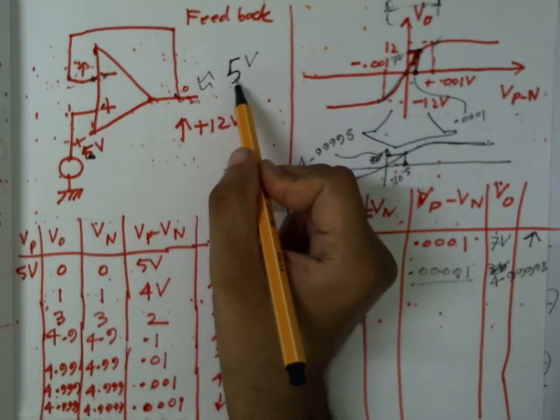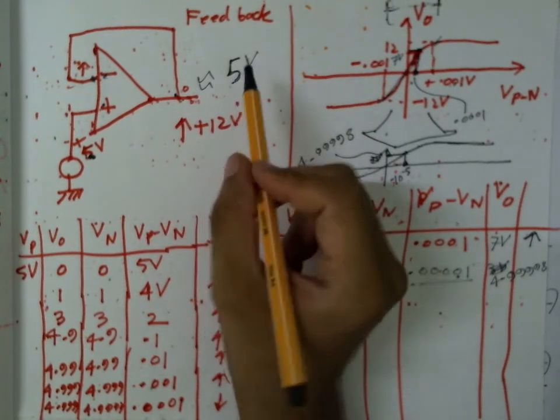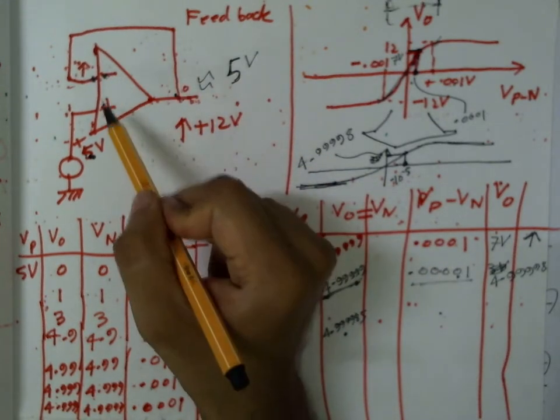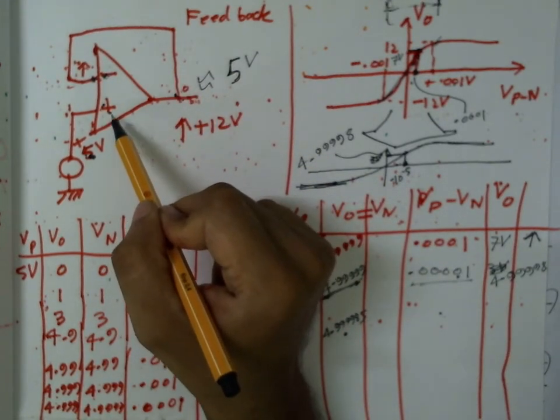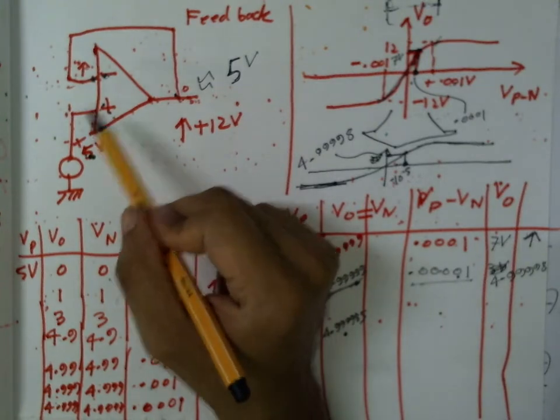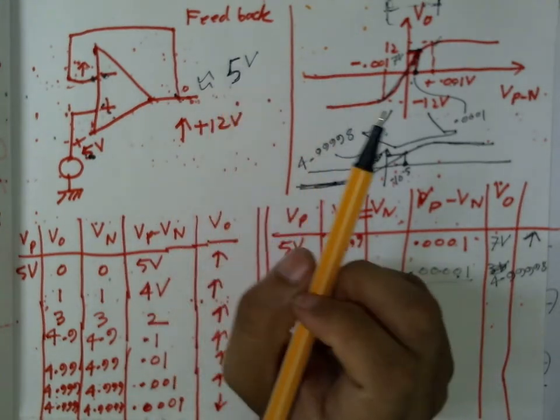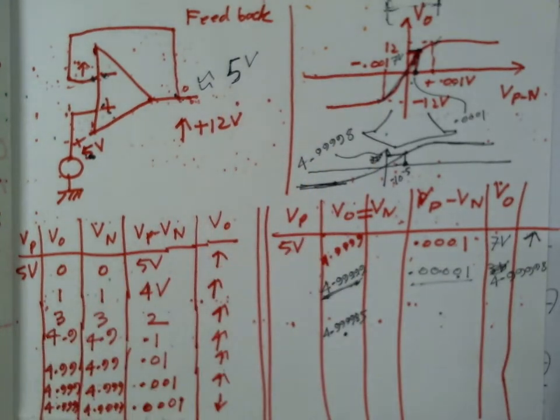So it will be very close to 5 volt, right? So this potential will come to this value, almost equal to this value, but not exactly equal, slightly less than that. I hope it's clear.